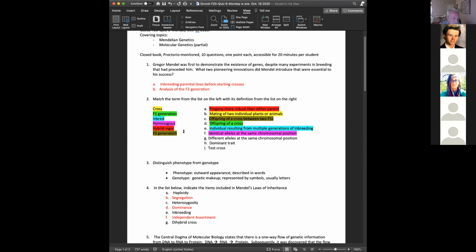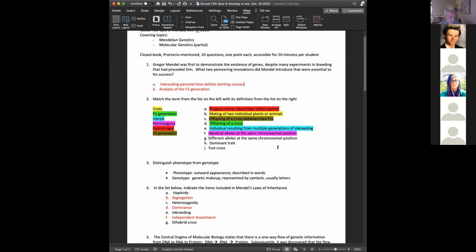Hybrid vigor, many of you did not get this. Hybrid vigor is the result, or is progeny that are more robust in one way or another, or multiple ways, but more robust than either parent. And the F2 generation is progeny of a cross between 2 F1s.